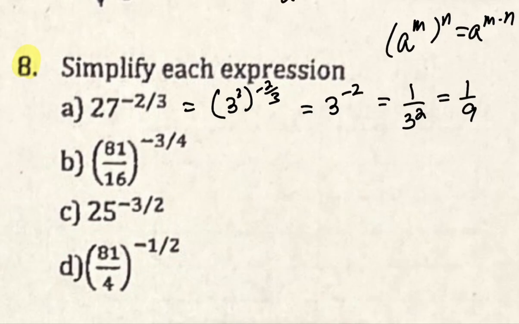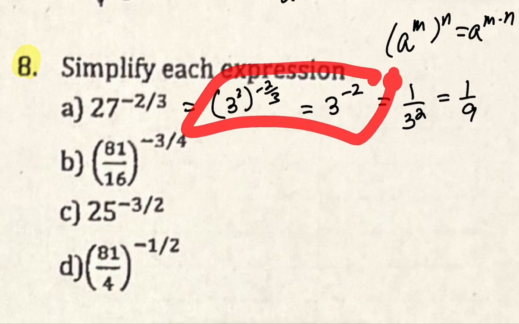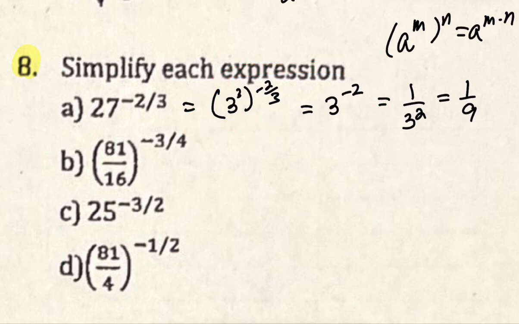Now, a negative exponent, we can deal with 2 different ways. We can hold on to it and deal with it later. But if it's touching a fraction, I just flip the darn thing, and then I don't have to deal with it anymore. So let's flip it. That's 16 over 81 to the 3/4.